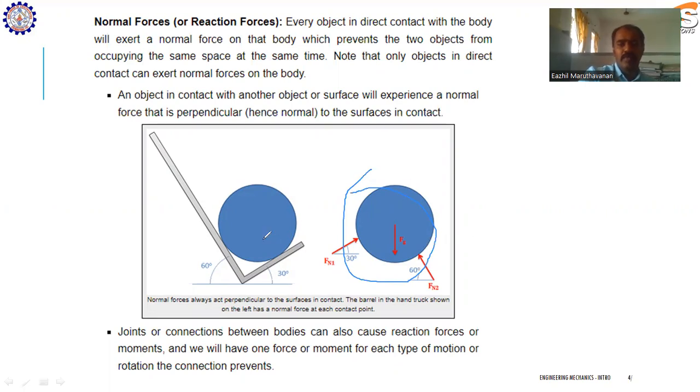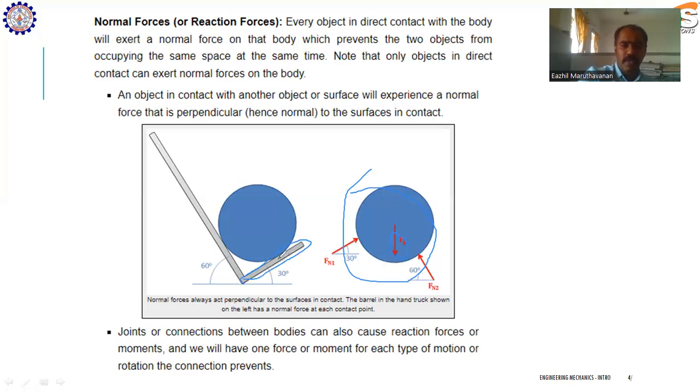The weight of the ball acts perpendicular to the ground plane. This we have drawn. Later on, we have to draw the reaction forces which stop the ball from falling down. Here this plane holds the ball and prevents it from falling down.